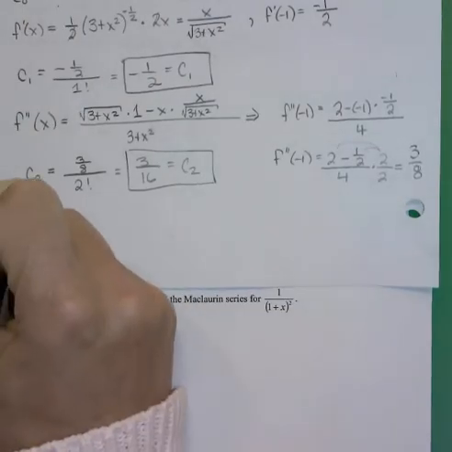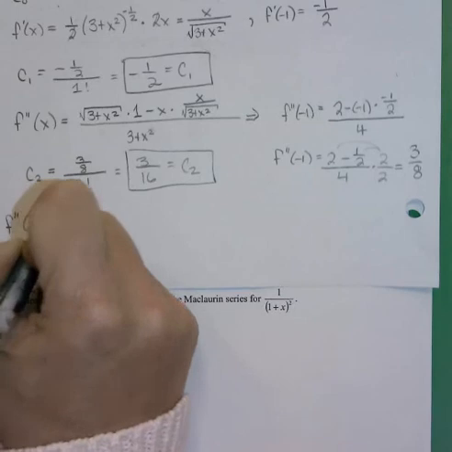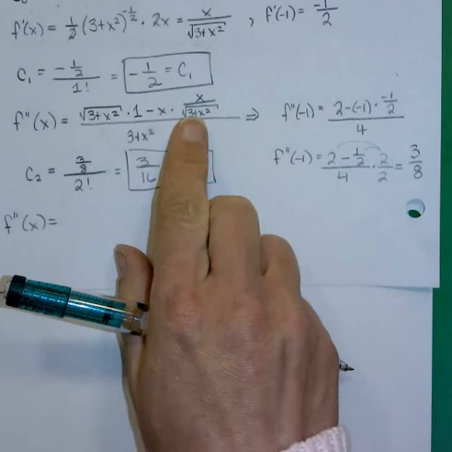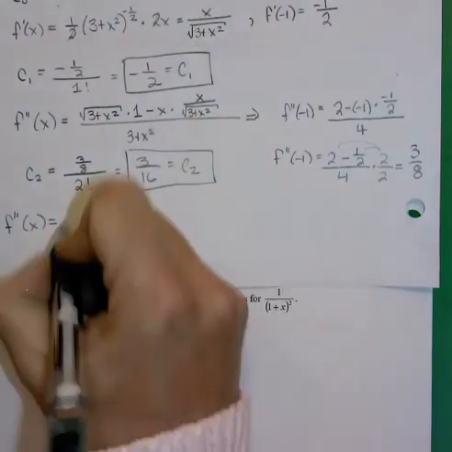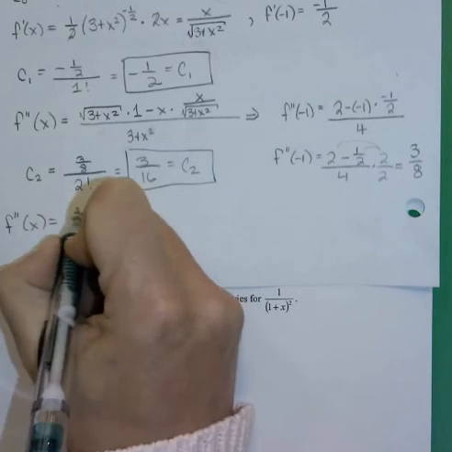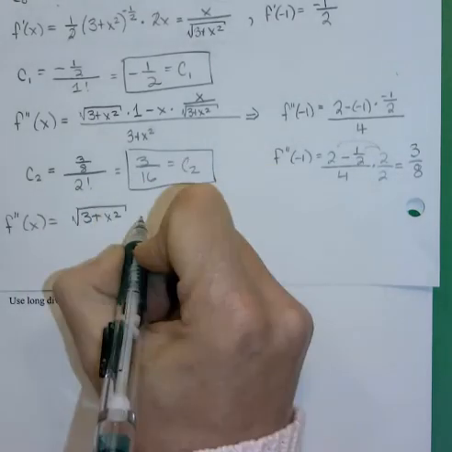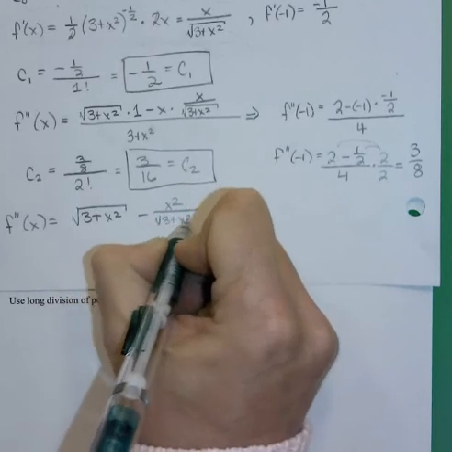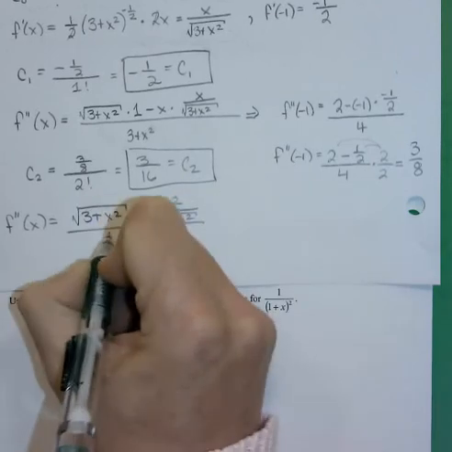And before I take the third derivative, I want to simplify the second derivative. So I have these 2 different square roots in the numerator. Times 1, I don't need that. So I'll just write square root of 3 plus x squared minus x squared over root 3 plus x squared over 3 plus x squared.